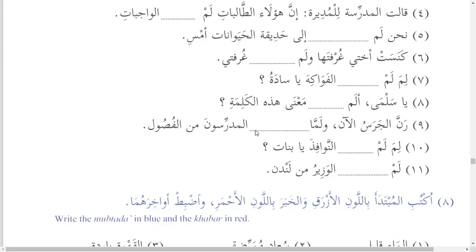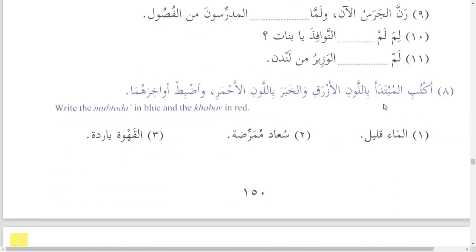Okay. Uktub. What kind of verb form is this? Kataba, yaktubu. So this is not the extended, not the derived one. This is the triliteral base form, the first one. Okay, uktub. And when we connect it, uktubil mubtada bil lawn al azraqi wal khabara bil lawn al ahmari.